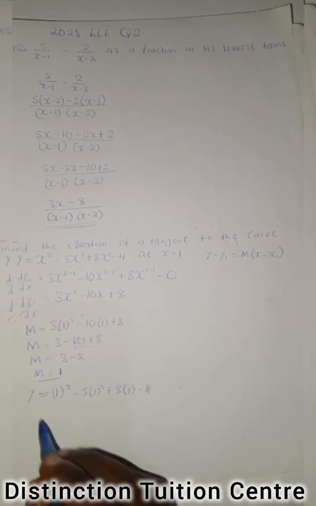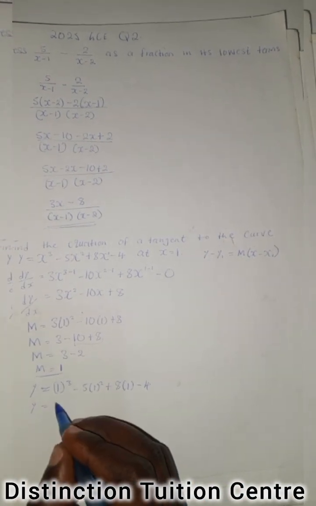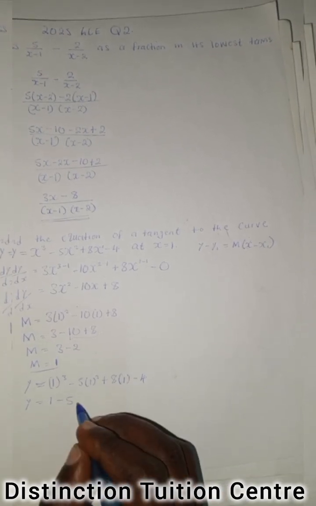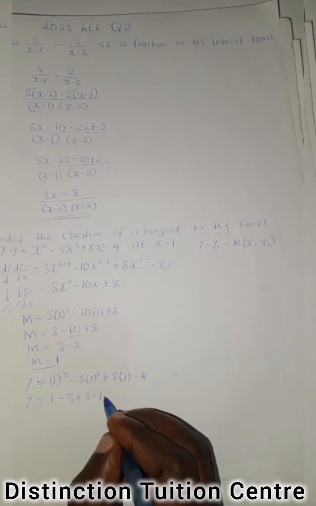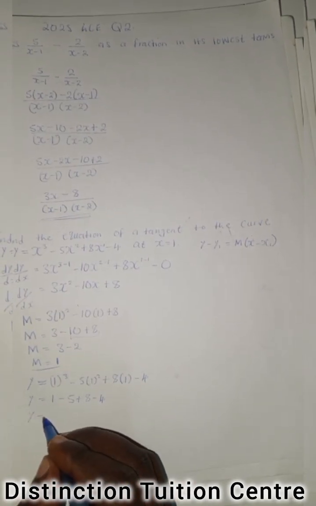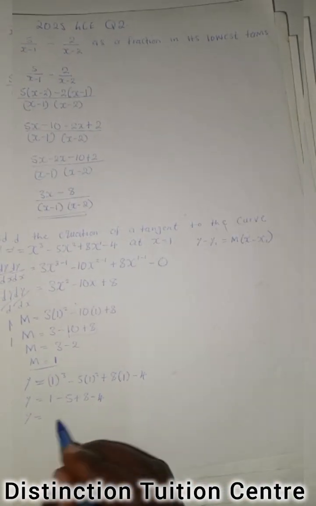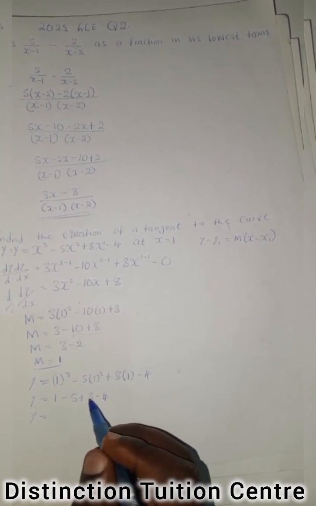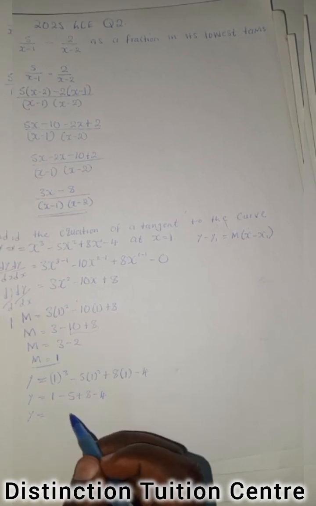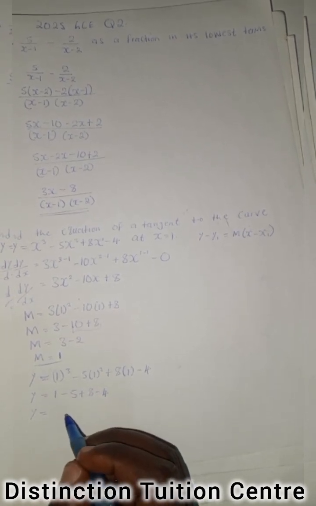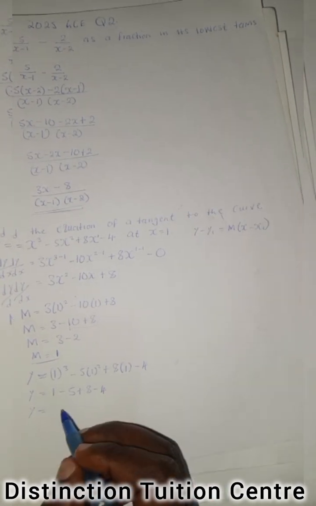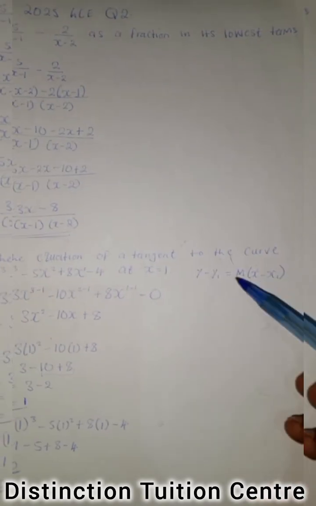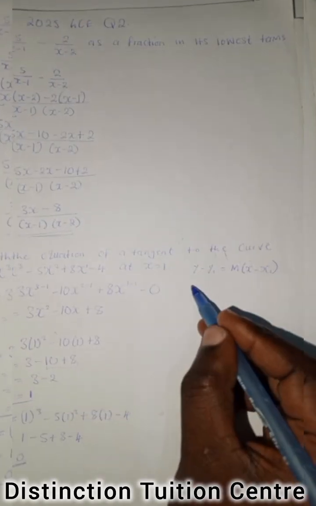So y will be equal to 1 minus 5 plus 8 minus 4. Negative 5 plus 4, that's negative 1, and then 1 minus 1 is going to give us 0. Okay, so the value of y is 0, and that is exactly what we are going to replace right here. So let's go ahead and do it.